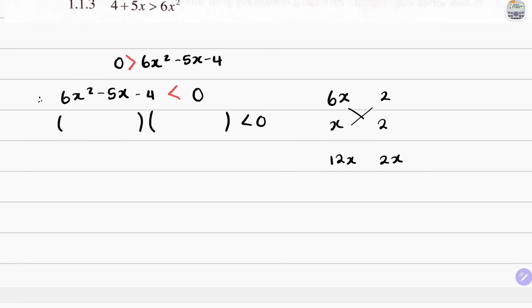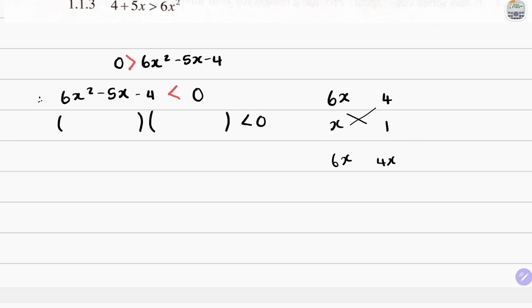So let's change the factors. And you change the factors gradually. So we can decide to change this from 2 and 2 to 4 and 1. Okay, so now we would have a 6x and a 4x. But you see that 6x and 4x, because we know that they would still subtract, we're going to end up with a 2x, so that's not negative 5x.